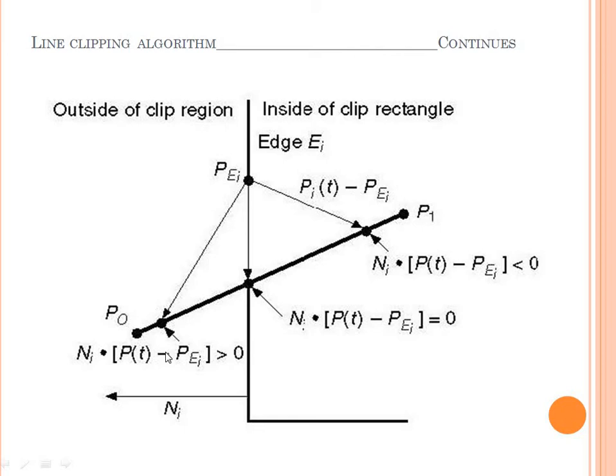So the dot product is greater than 0, and that's why this point A is outside of the rectangular window.